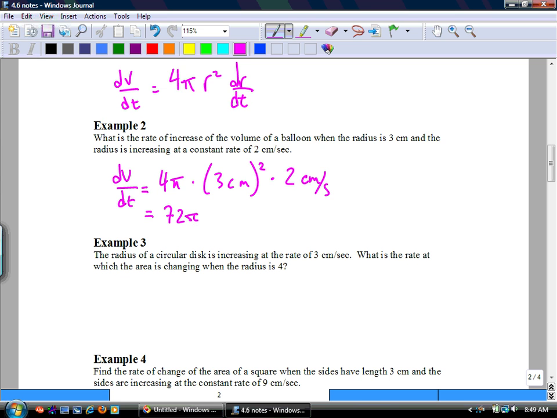You just drop everything where it needs to go. Units are centimeters times centimeters times centimeters per second. Centimeters cubed per second. If you just think about what the question is about.